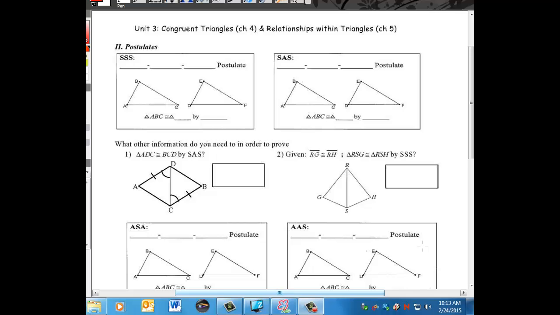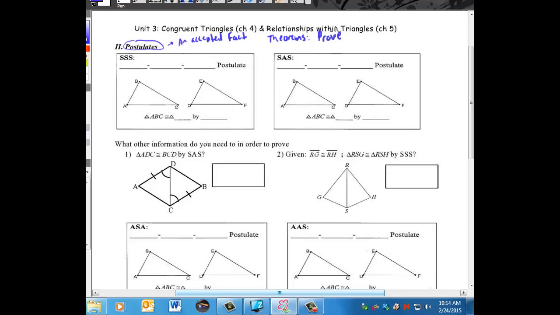Alright, we're back. First term we have is called side, side, side. And note up on top that this is a postulate. Remember that in geometry, this is an accepted fact, meaning we can't prove it. With theorems, we always have to prove that a theorem works.